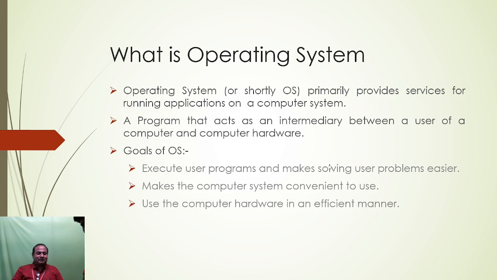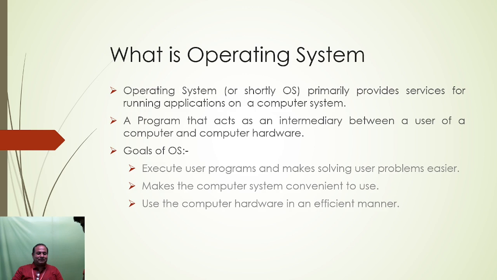For example, if I am writing a program in C or Python, it can be executed with the use of the operating system, and through that program I can get the output.